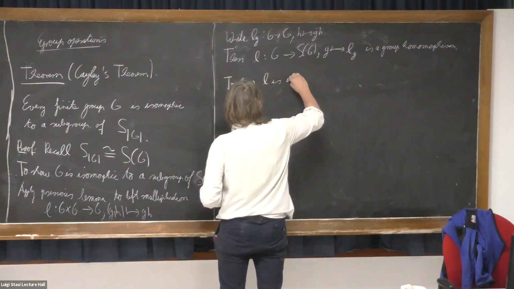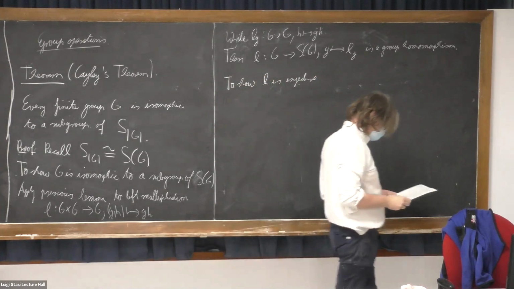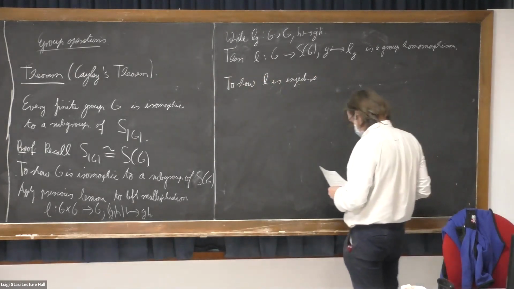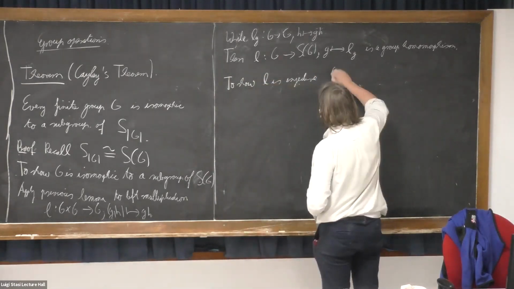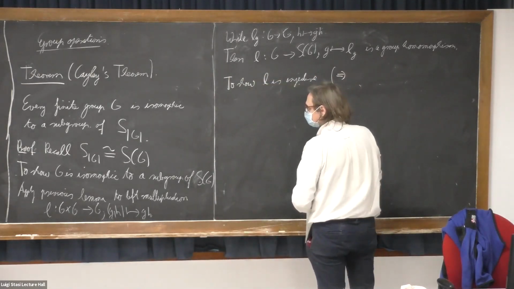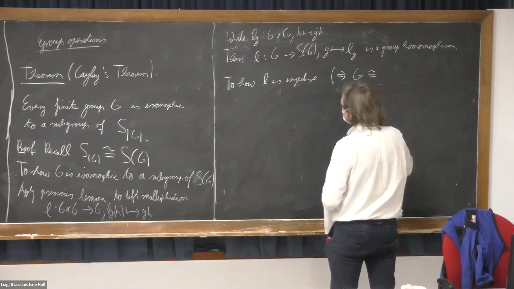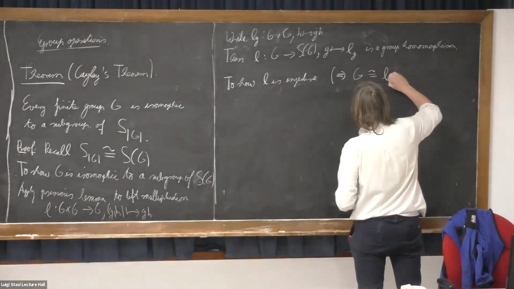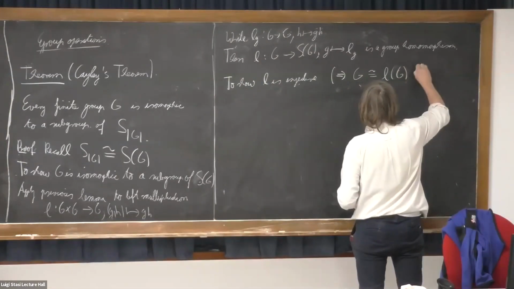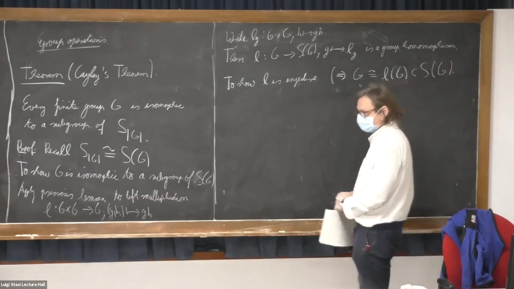L is injective. So if L is injective, then obviously G is isomorphic to its image.